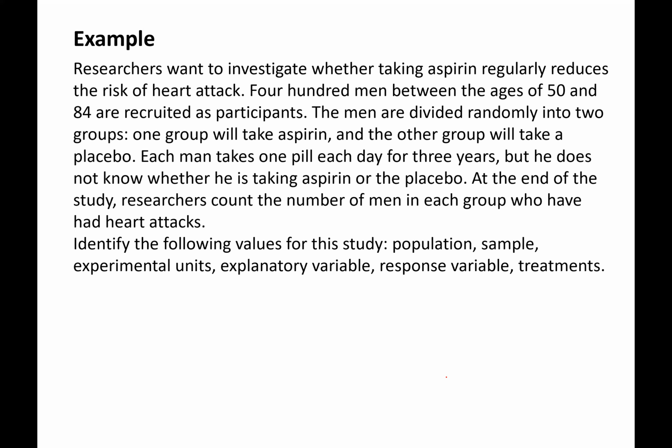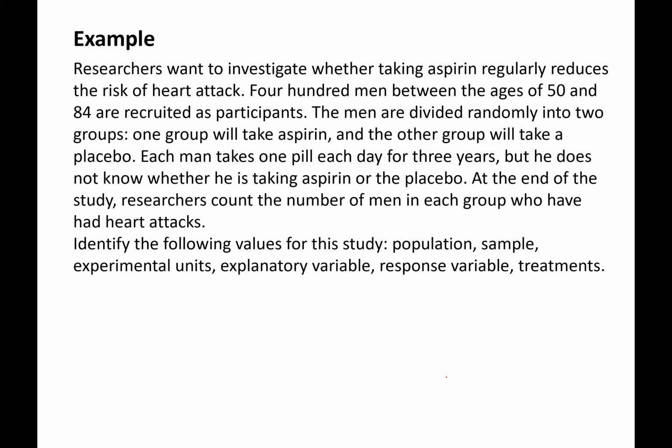Well, I would argue that's not the population. Wouldn't it all just be the men between 50 and 84? So all men between 50 and 84 would be the population. Now, what did you just describe? The sample. So if the population is all men between the ages of 50 and 84, and we look at specifically 400 of them, that would be our sample.